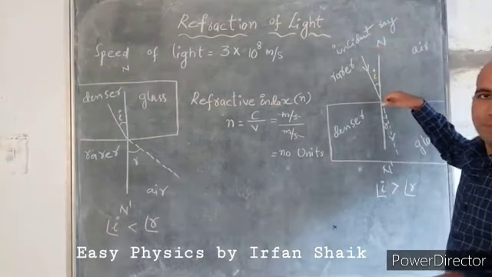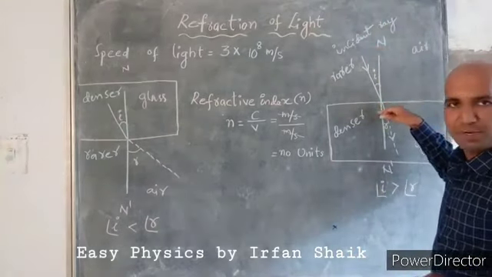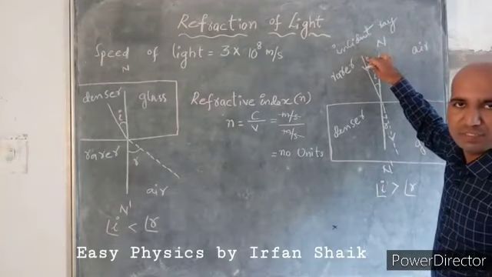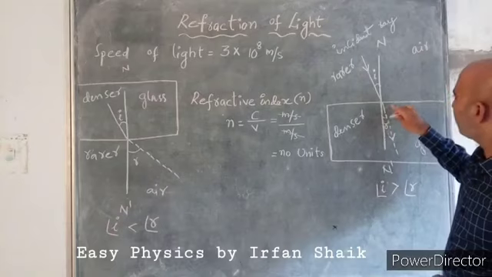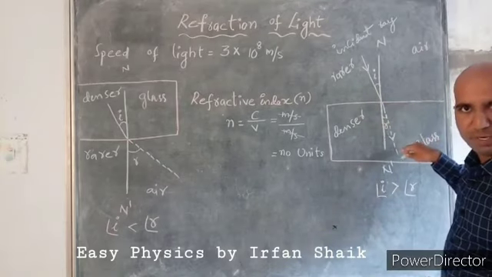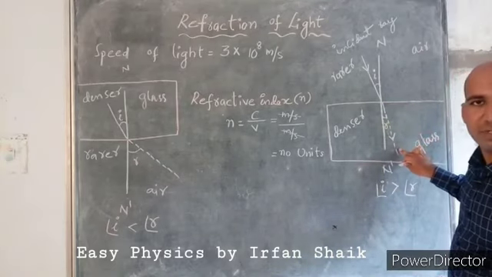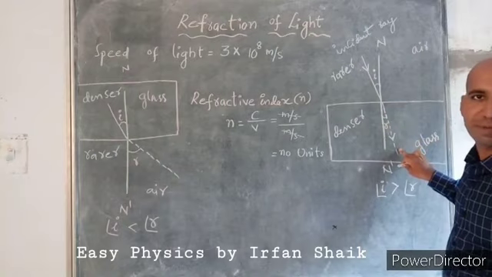So the light ray which is passing into the another medium is called as incident ray. And the light ray which is travel into the another medium, this light ray is called as refracted ray.